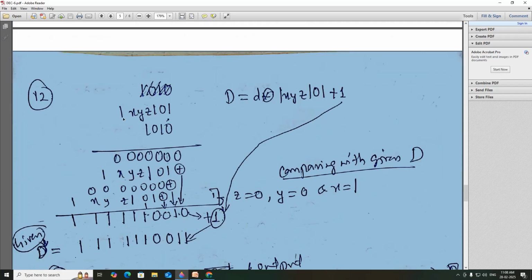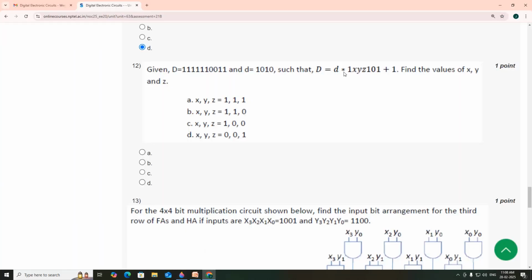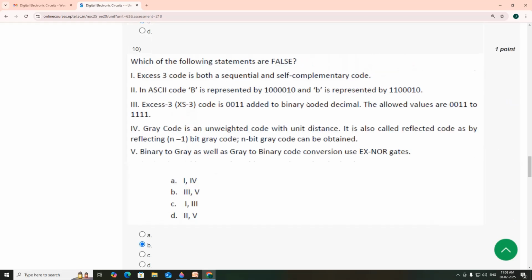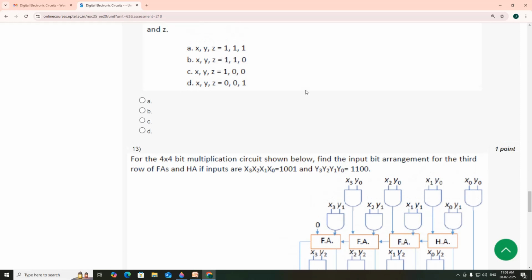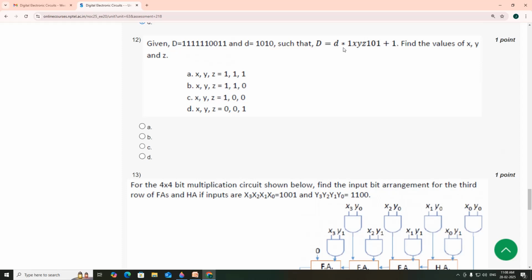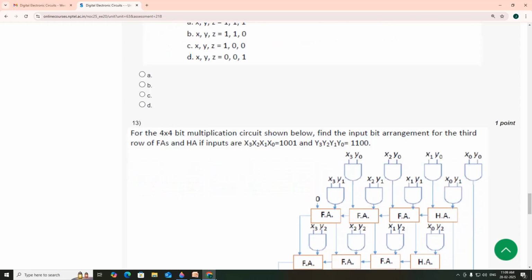This is simply 1 x y z 101, and they have given a multiplication operation. Star means multiplication.